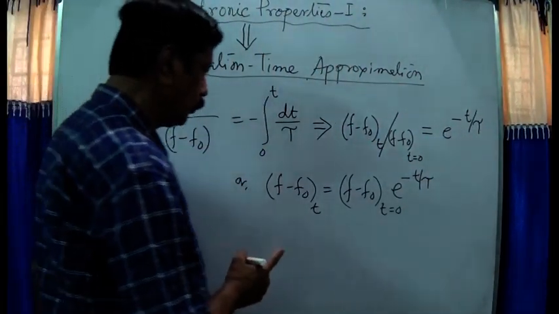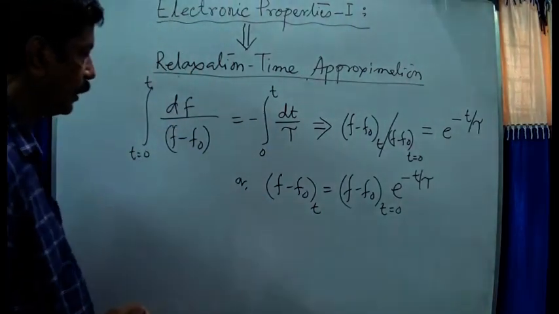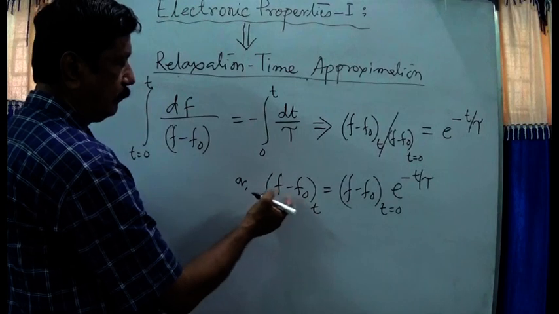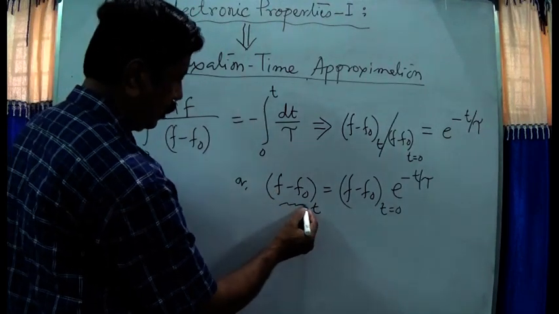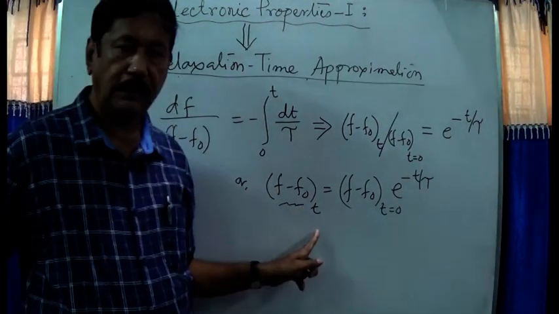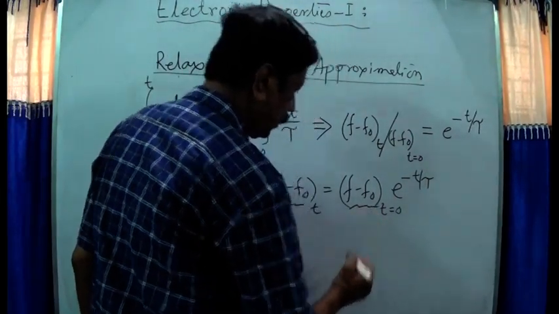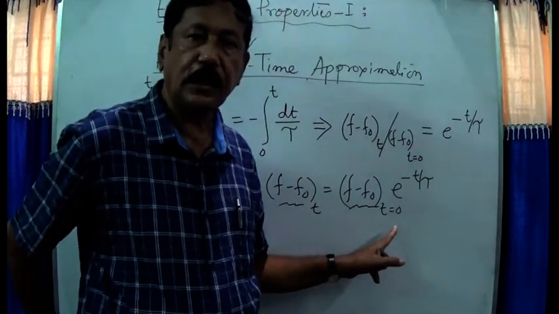Now one thing is to be careful: this is the deviation at a time t, and this is the deviation at time t equal to 0.